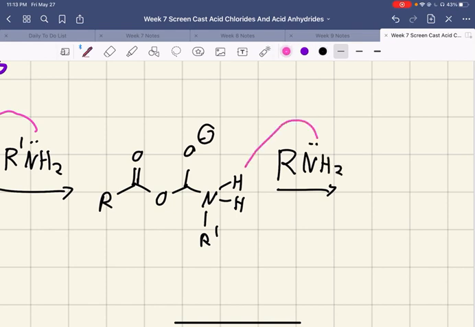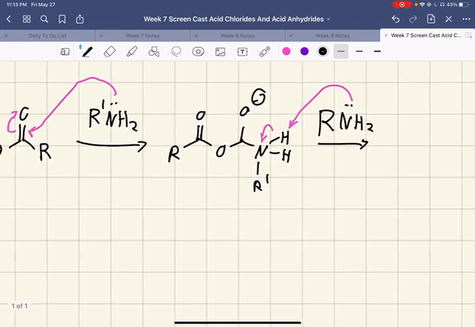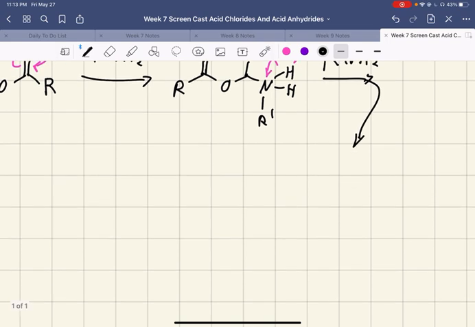And this is why, because the lone pairs on this nitrogen need to deprotonate, causing this to be another intermediate.